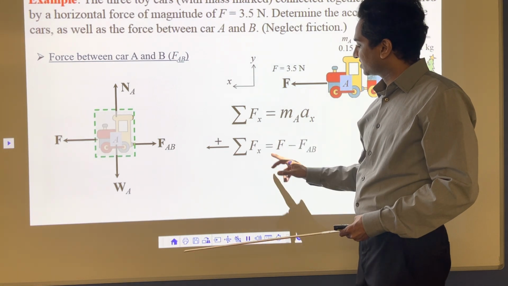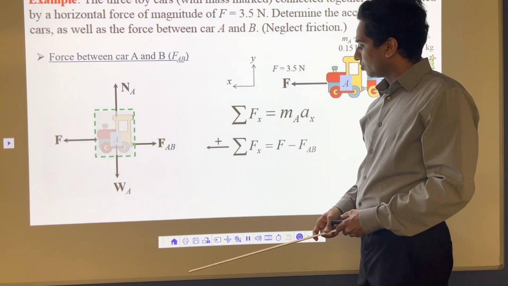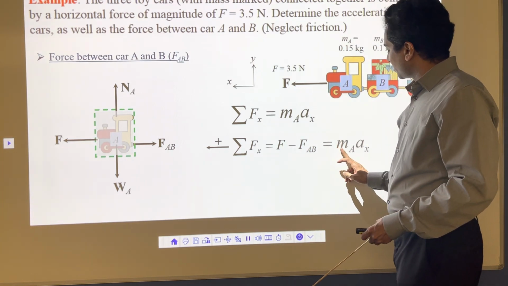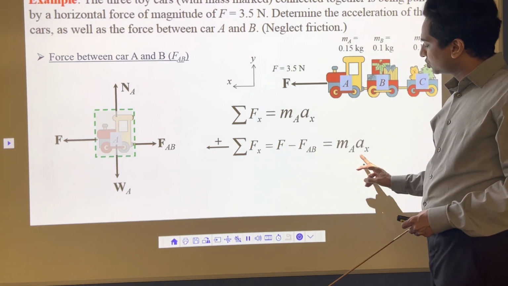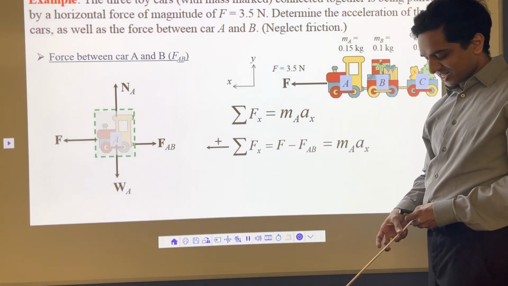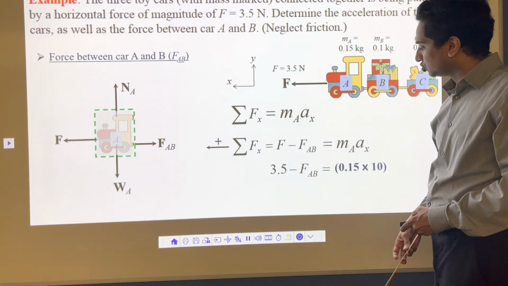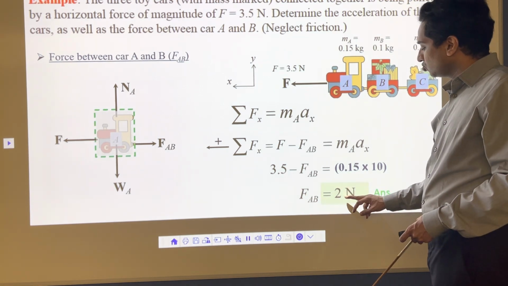So all the forces in x direction is F minus FAB, which is equal to max. I have to solve this equation. I know this one, I know this one, I know this one. I should get FAB, and that's what we do. We put the numbers in, and then you should get FAB as 2 Newton.